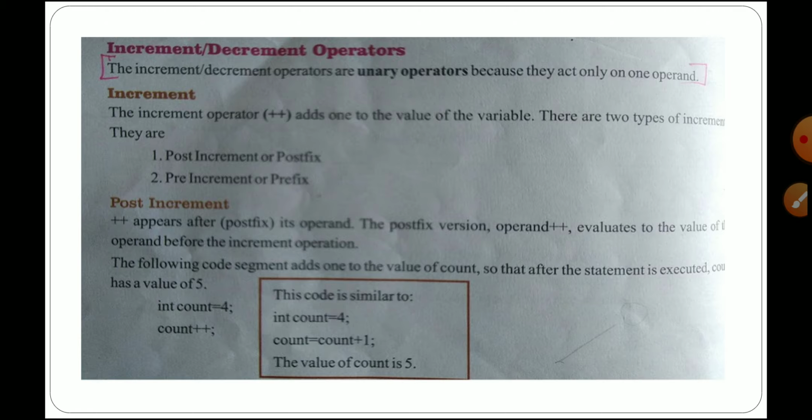Increment means we use the plus plus operator, two plus signs. That symbol, those examples and types, everything is given here itself. The increment operator is plus plus, and it adds to the value. So two types of increment operators: one is the post increment or postfix, second is the pre increment or prefix. What is the meaning of post increment and pre increment?